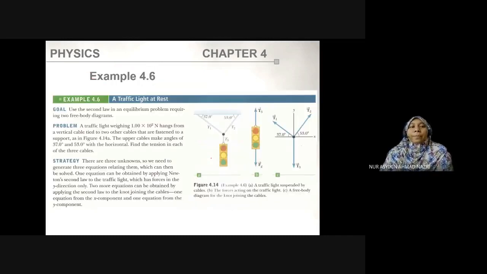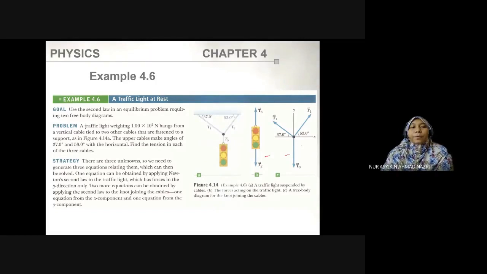Alright. So let's see an example, for you to get familiar with the free body diagram. From this case, we can have two free body diagram. You need to know how to draw two free body diagram.